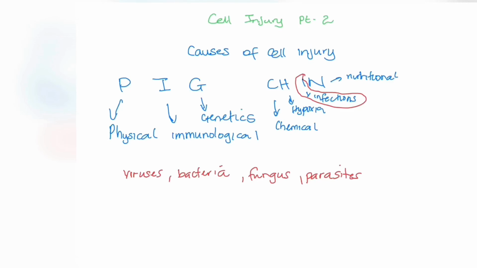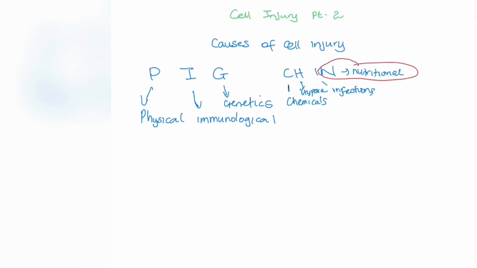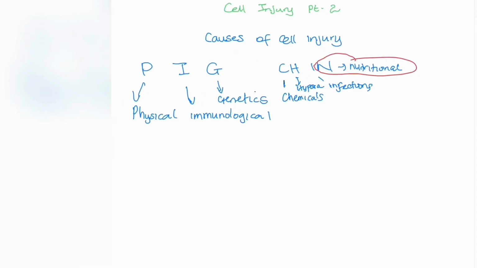The next thing that we're going to look at is infectious agents. Infectious agents like viruses, bacteria, fungi, and parasites cause many different diseases, and they can do this via cellular injuries. The last thing that we're going to look at is nutritional causes of cellular injury.